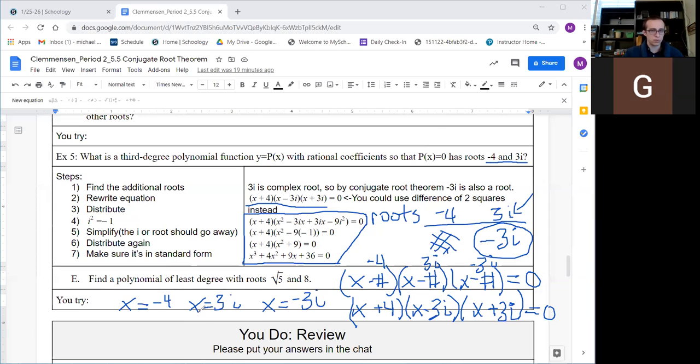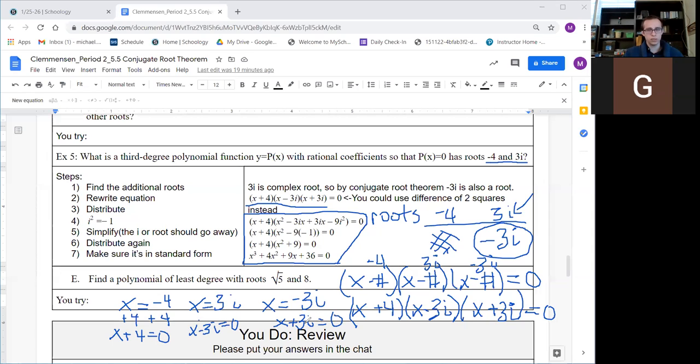And then to solve, I just move everything over. To get rid of this one, I'm going to add 4 to both sides. X plus 4 equals 0. Subtract 3i. X minus 3i equals 0. And then add it. X plus 3i equals 0.